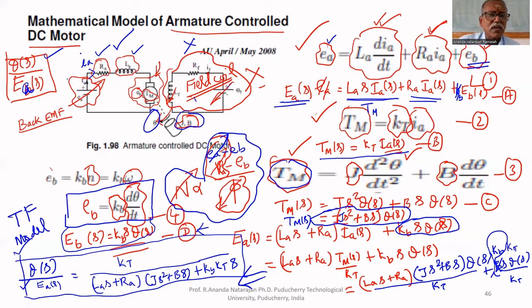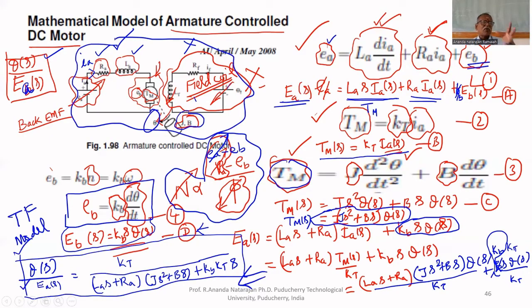So far the armature controlled DC motor is represented by an electrical circuit, an electromechanical representation. But I want to represent this in a block diagram model. Most equations are represented in block diagrams by transfer function models.